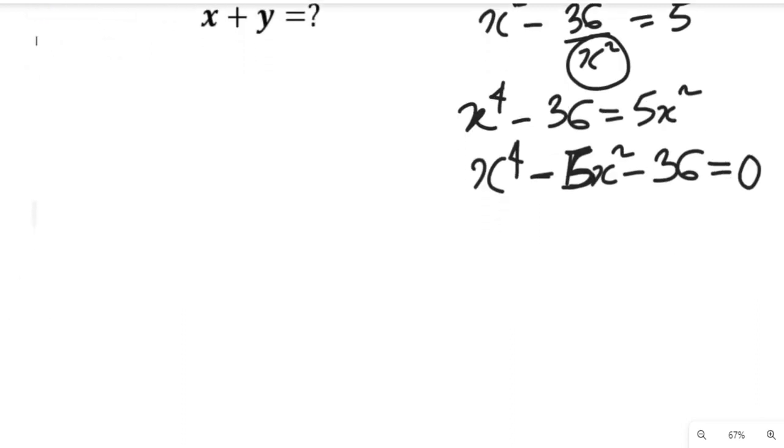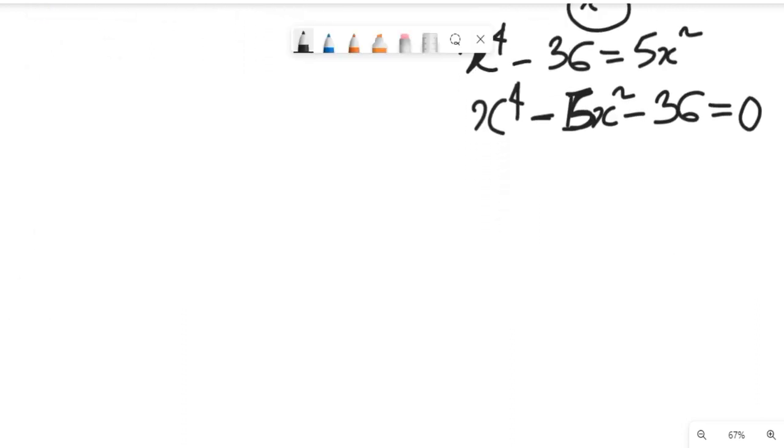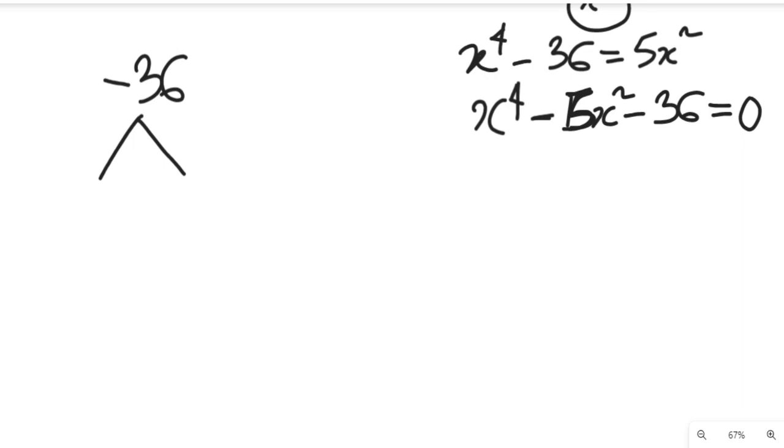So we'll have an equation we need to solve. We're going to solve this equation using the quadratic factorization method. Now we'll factorize with respect to x squared. If we want to factorize, we'll look for two values we can multiply that will give us minus 36, and when we add both values, we're going to have minus 5. What values are they? Let's take minus 9 and plus 4.